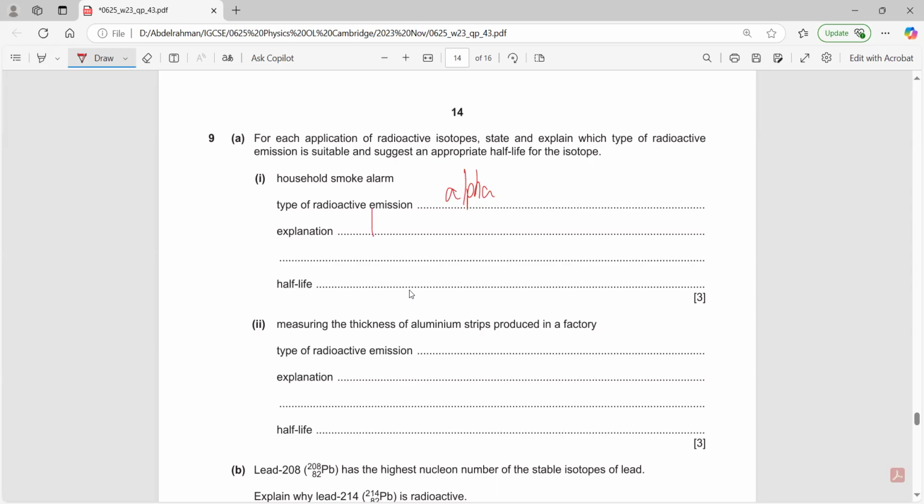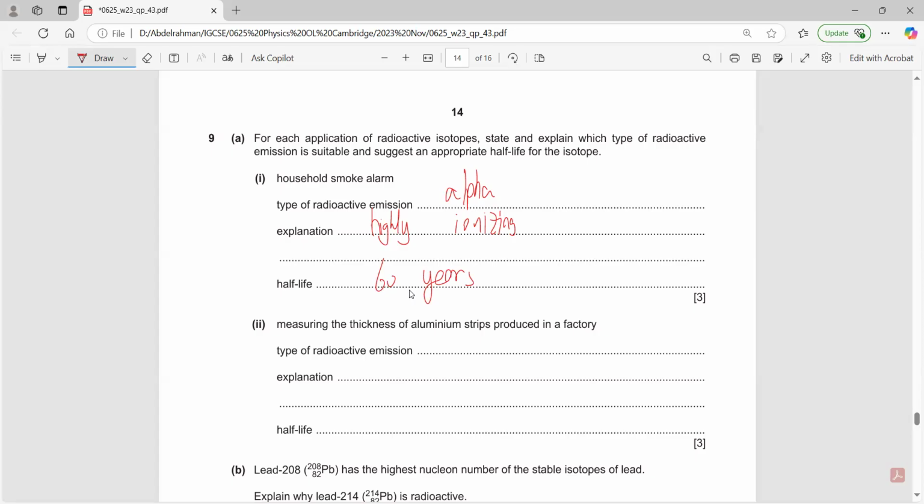Because it is highly ionizing. The half-life, there was a question, I don't remember which year, but the half-life was around 60 to 70 years. If you say 60 years, that would be quite sufficient.